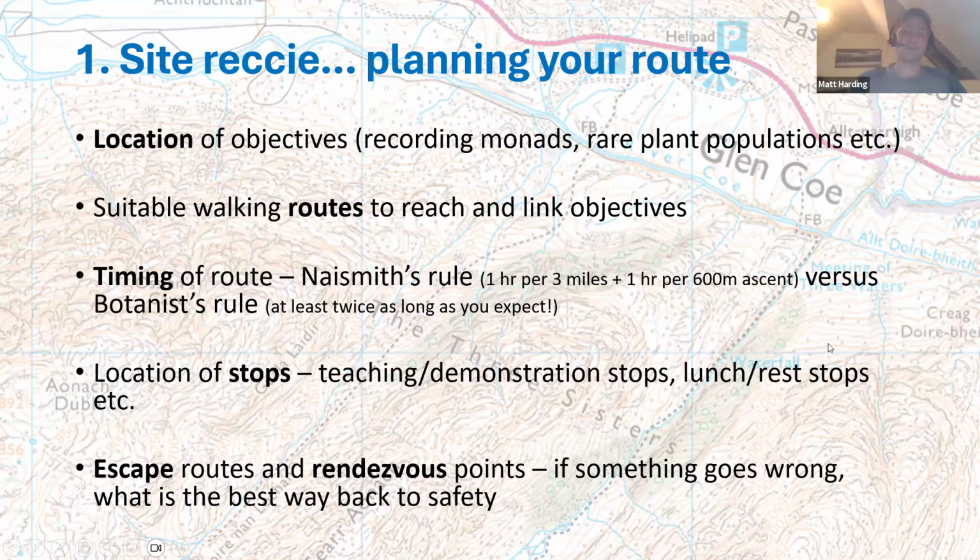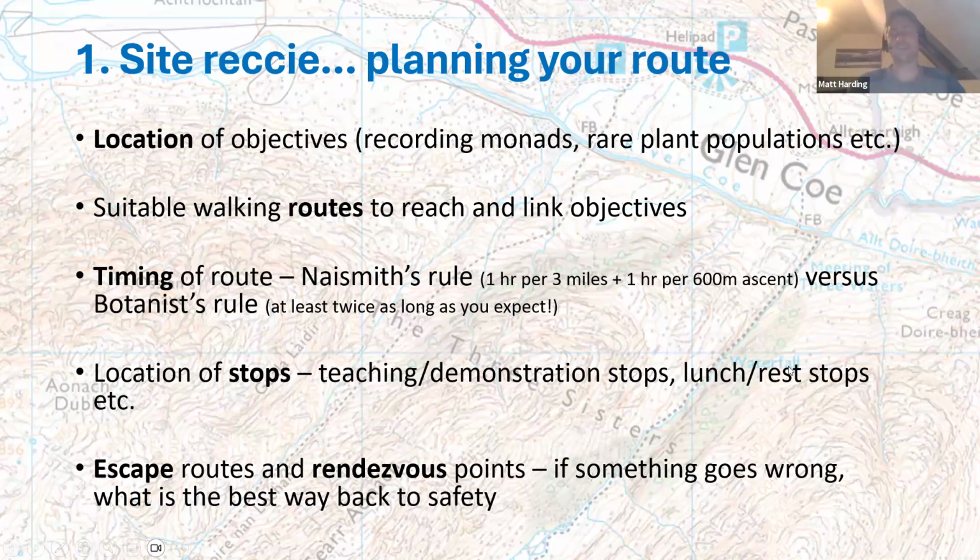I mentioned rendezvous points. Especially if you're in a more remote location, planning what to do if something goes wrong is a really important element of this. And the route side of things is important here. So generally, if something goes wrong, it will go wrong at the worst possible place for it to go wrong. It will be as far away from the car park as you can.